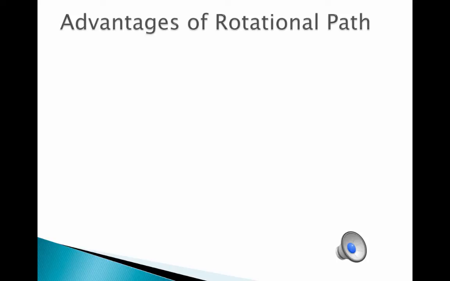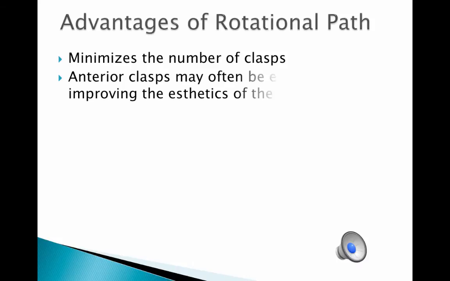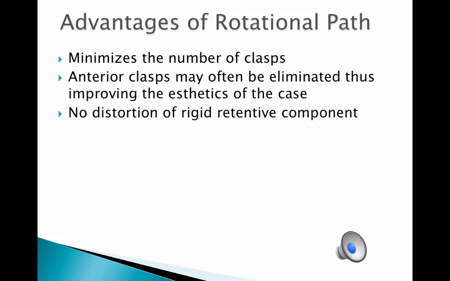The advantages of a rotational path removable partial denture over a conventional design are: it minimizes the number of clasps. The anterior clasp may often be eliminated, thus improving the aesthetics of the case. There's no distortion of rigid retentive components.